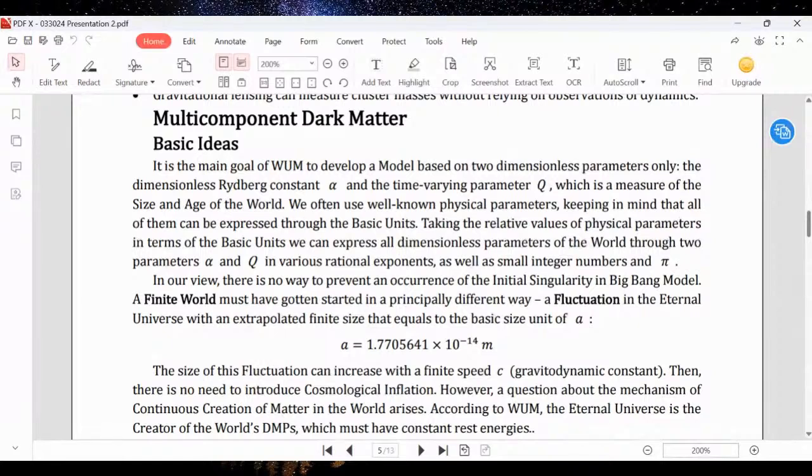We often use well-known physical parameters, keeping in mind that all of them can be expressed through the basic units. Taking the relative values of physical parameters in terms of the basic units, we can express all dimensionless parameters of the world through the parameters alpha and q in various rational exponents, as well as small integer numbers and pi.